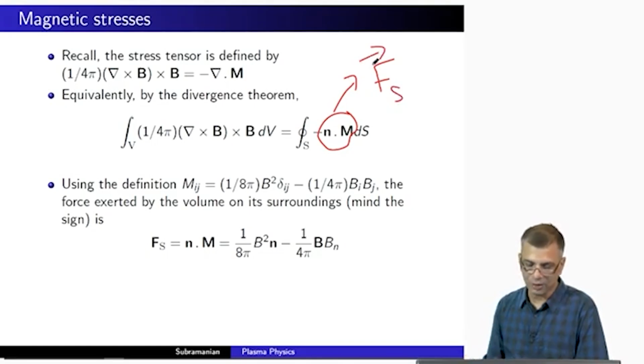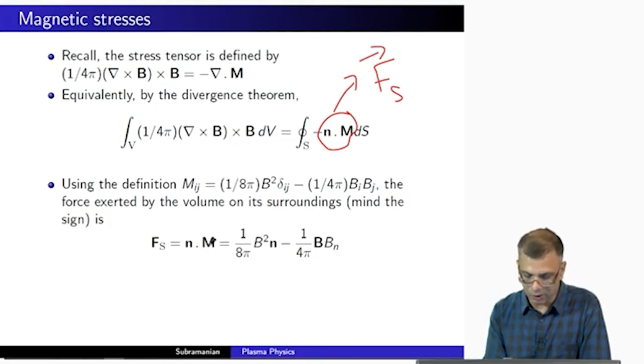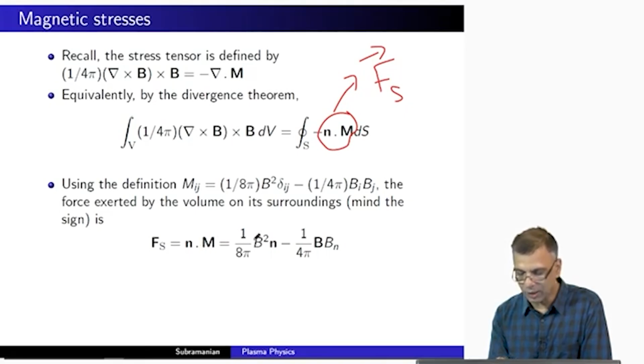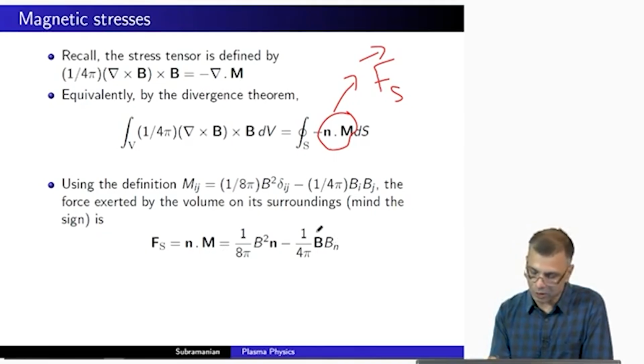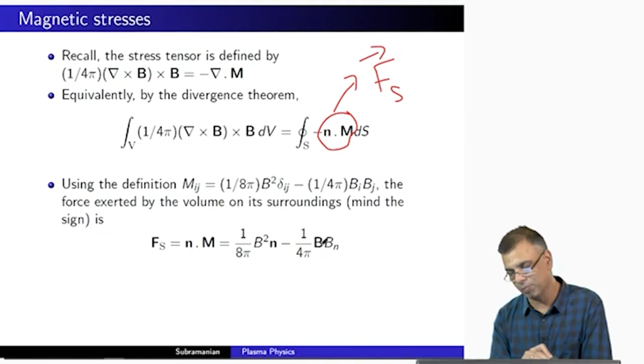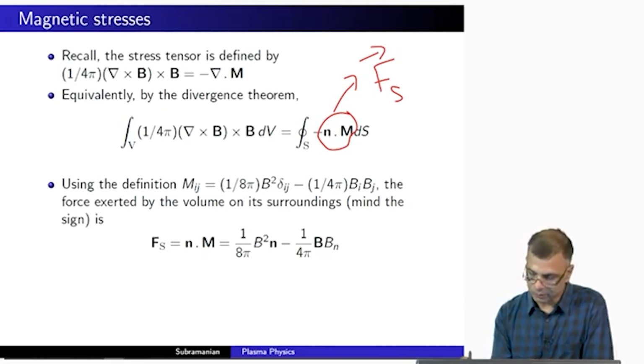That is what this is saying. And what is the force? The force is n dot M, which is 1 over 8 pi B squared, because there is a dotting. This term is in the direction of whatever n there is, the outward directed normal, and this term becomes Bn. This comes from here and this comes from here.